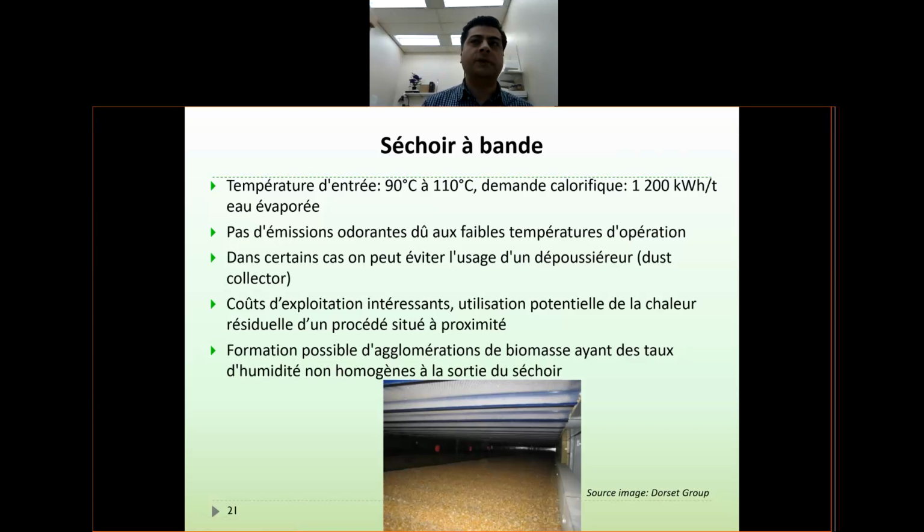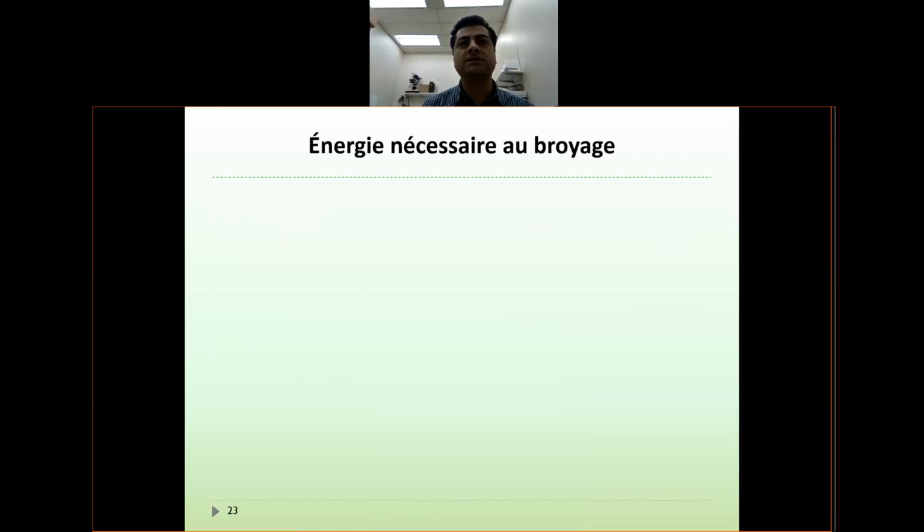And you can see anyway that in drying, you can have complex units of operation. It's more complex than you can imagine. It's not just a simple oven you put there and you get your sample dried.